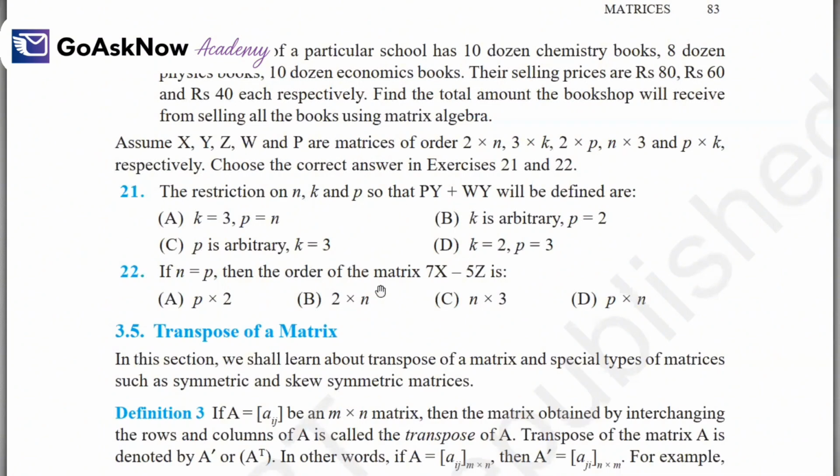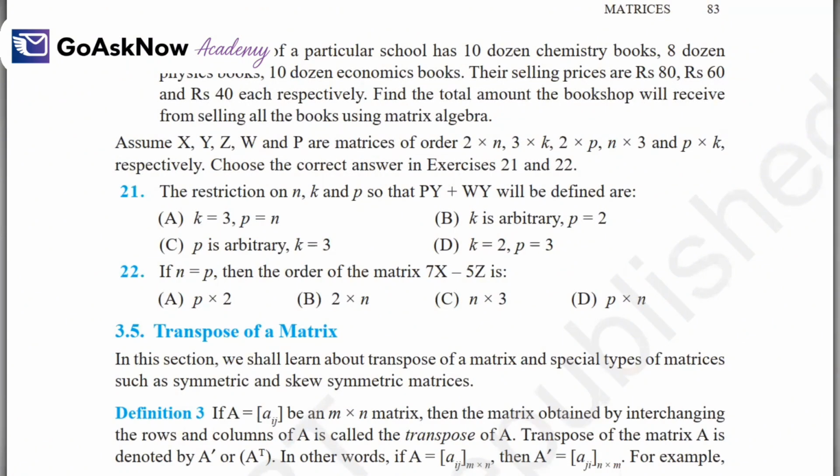So here the 21st question is about the restriction on n, k and p so that PY plus WY is defined. We have the question as: assume X, Y, Z, W and P are matrices of order 2 cross n, 3 cross k, 2 cross p, n cross 3 and p cross k respectively. Choose the correct answer in exercises 21 and 22.